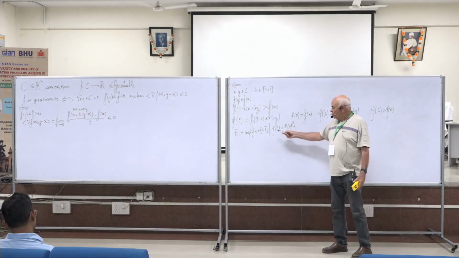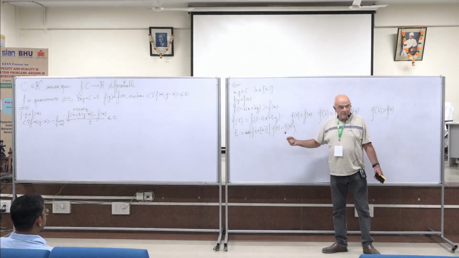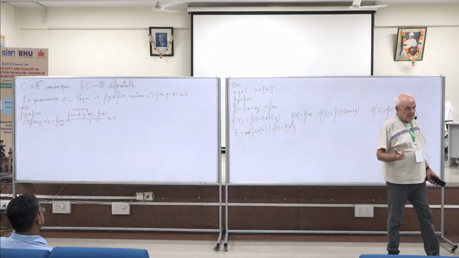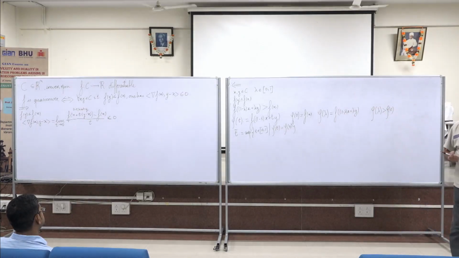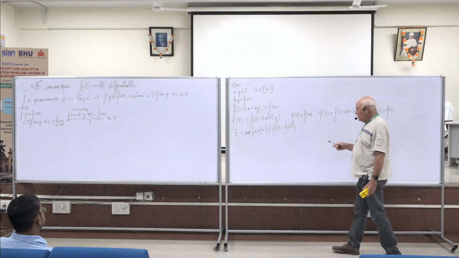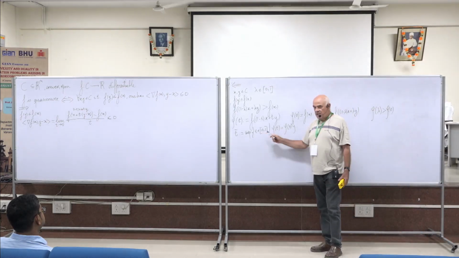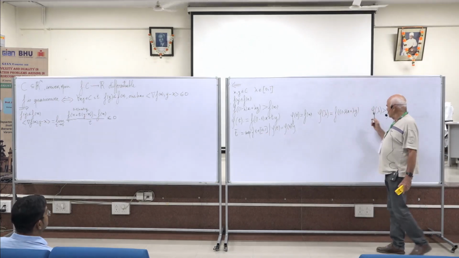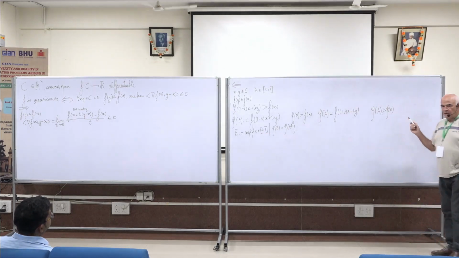There is at least one t satisfying this, namely t equals 0. And not every element in the interval satisfies this equality, because for t equals lambda, they are different.